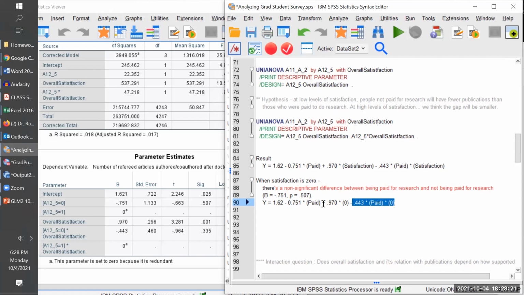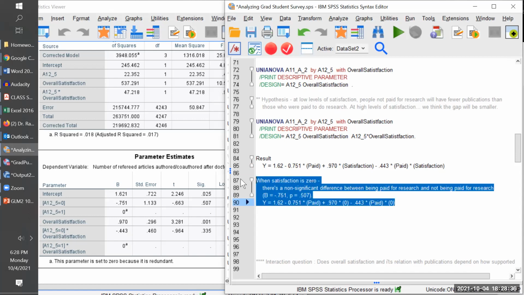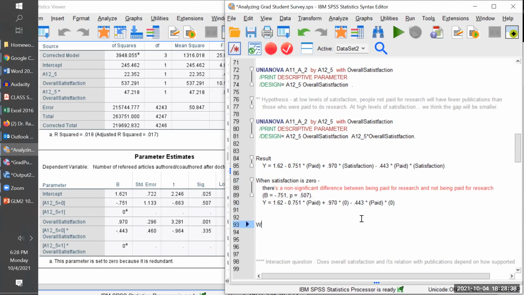Yeah, exactly. This is the only one we're still worried about right now. That's how we got to this, when satisfaction is 0. Now I want to know what happens when satisfaction is high. How will I do that? I think it was 3.